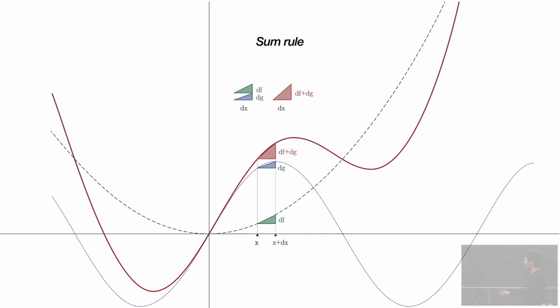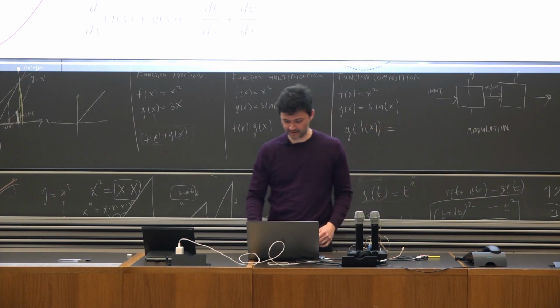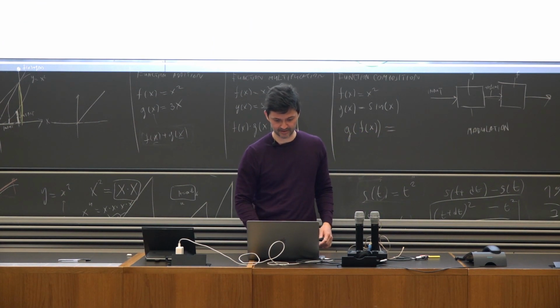So the derivative of this sum will be the sum of the derivatives. Derivative of the sum is equal to the sum of the derivatives. So you simply add the derivative of one plus the derivative of the other, and that's it. Nothing more than that in the derivative world and the sums.